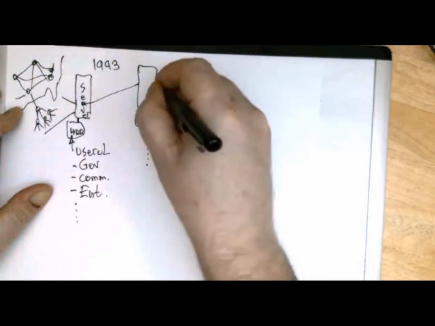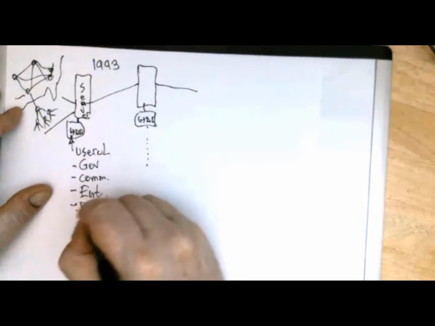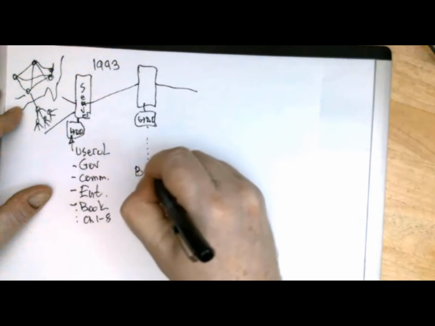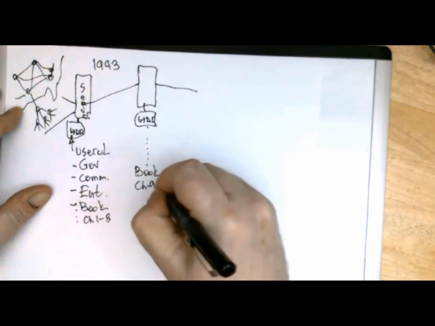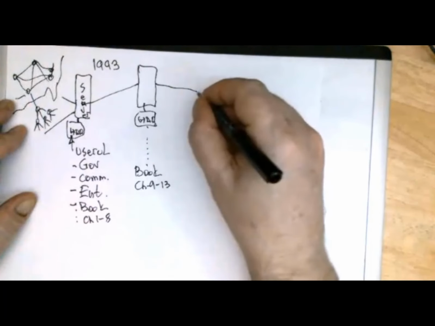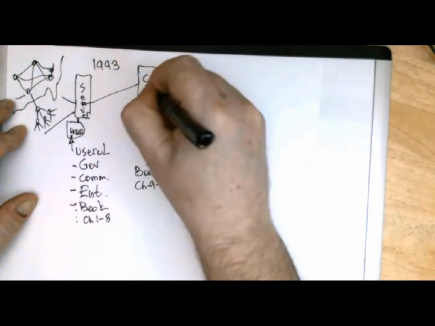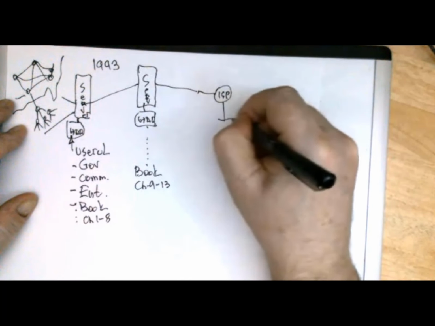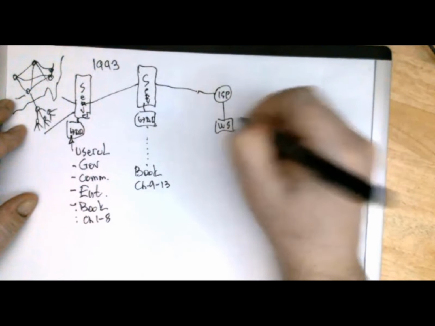They are connected. Okay, I will put here book chapters 1 to 8, and that will be book chapters 9 to 13. And folks, this is the server, and this is you, the internet service provider, and your workstation.